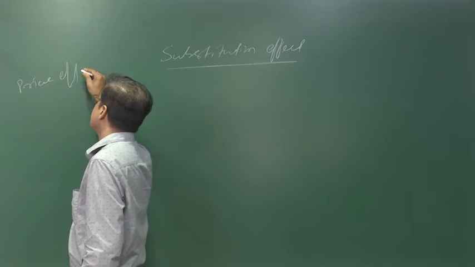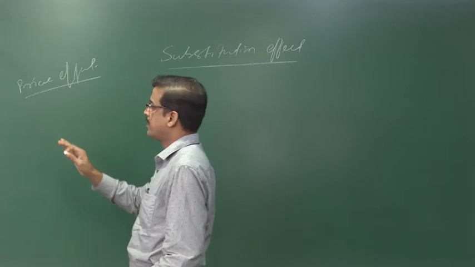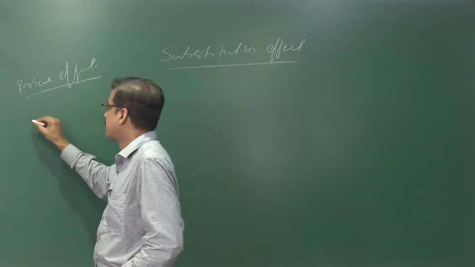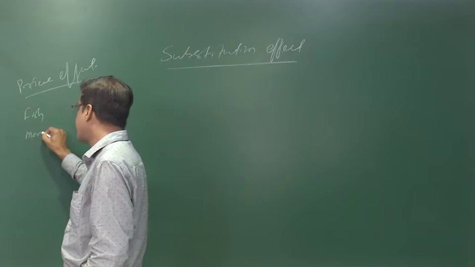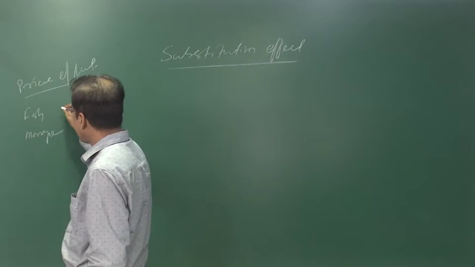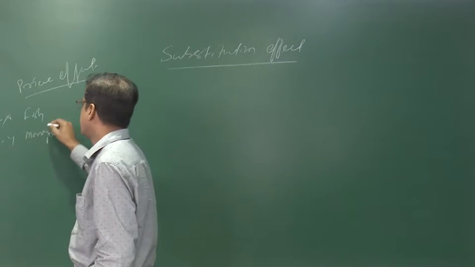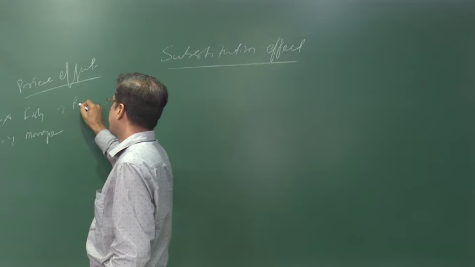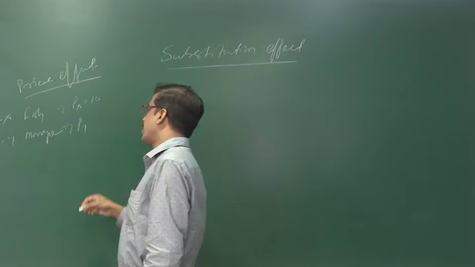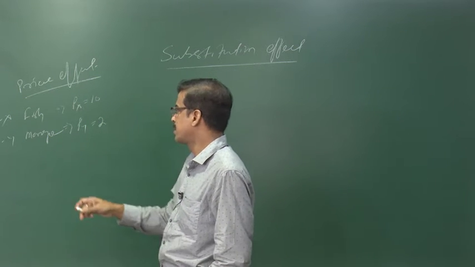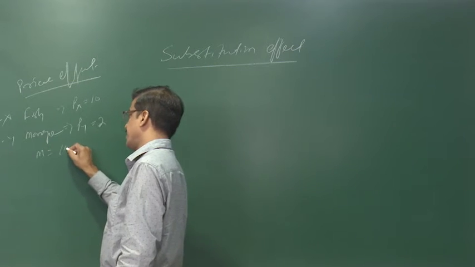Price effect. Let us say we take the products fish and mango. Let us say this is good X and this is good Y. The price of fish, that is Px, equals 10 rupees and that of mango is 2 rupees, and money income of the consumer is, let us say, 100 rupees.